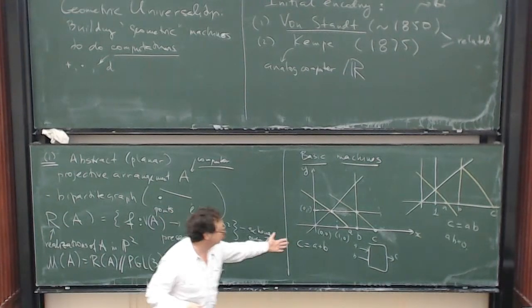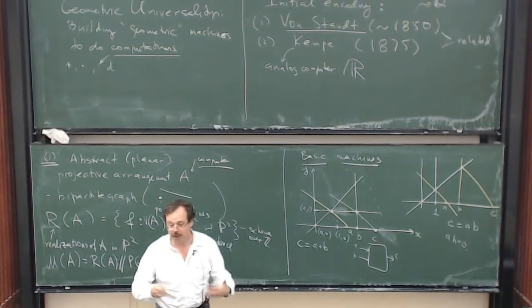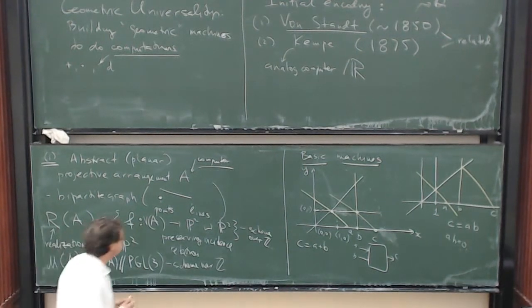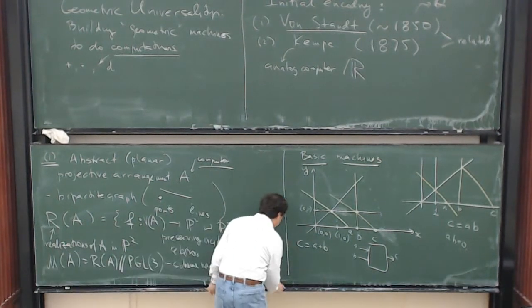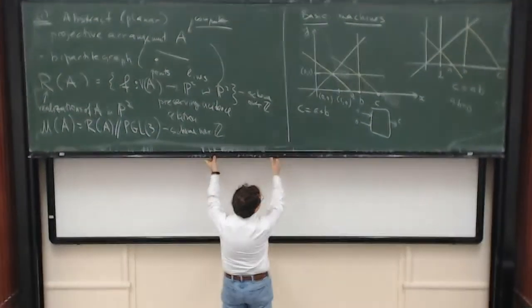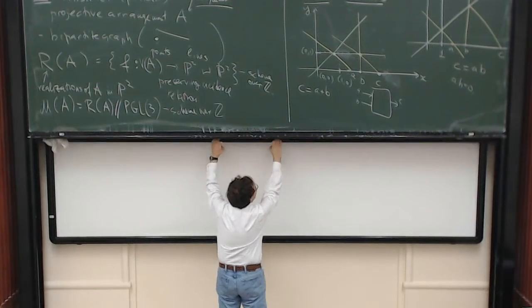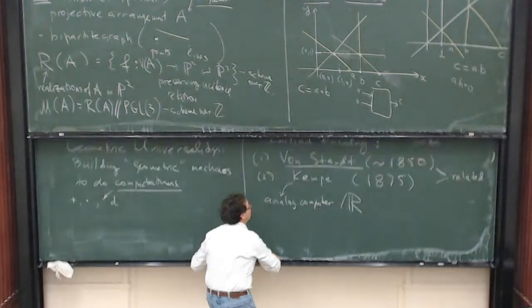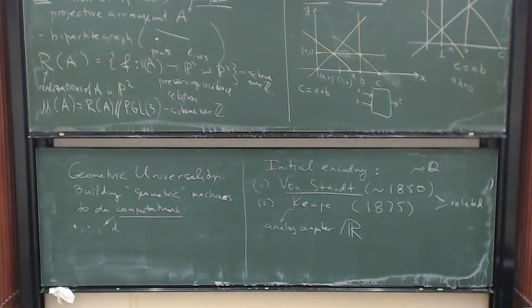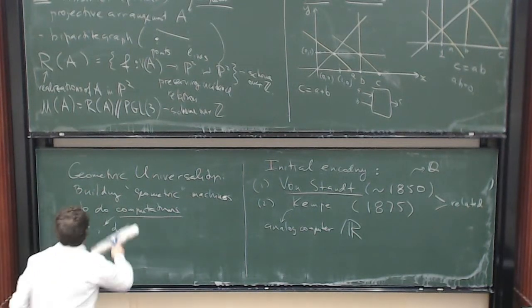And now you understand how to compose the machines and then how to describe arbitrary systems of equations using this stuff, okay? So then the theorem which came out of this, and again, von Staudt did not state this theorem because he was after something else. But this theorem is really in Mnev's paper and in Vershik's paper from the 1980s.